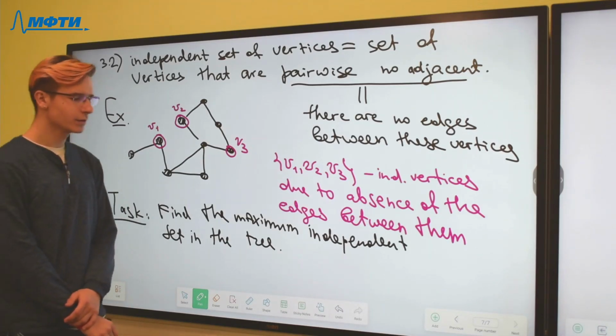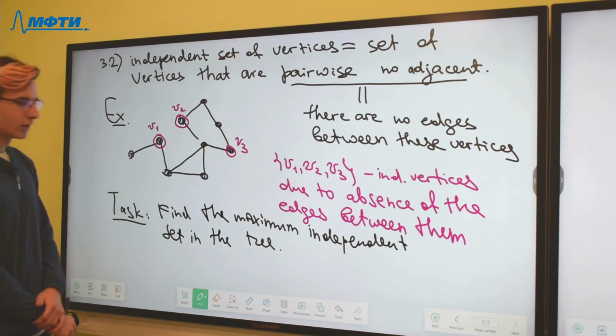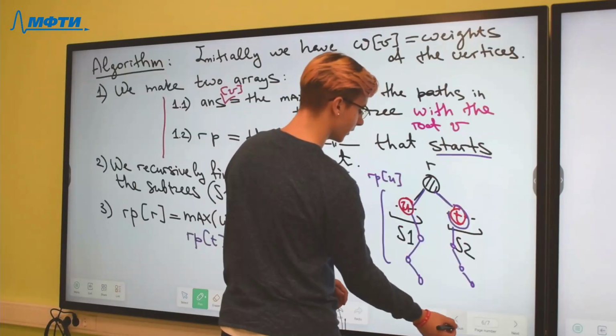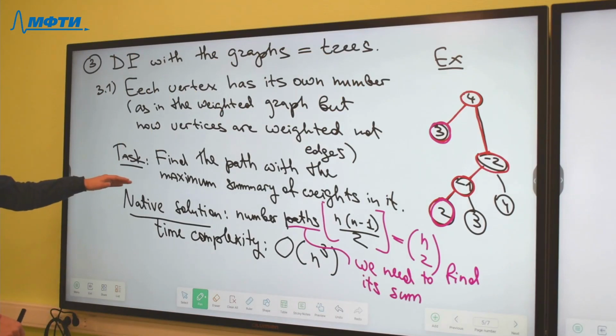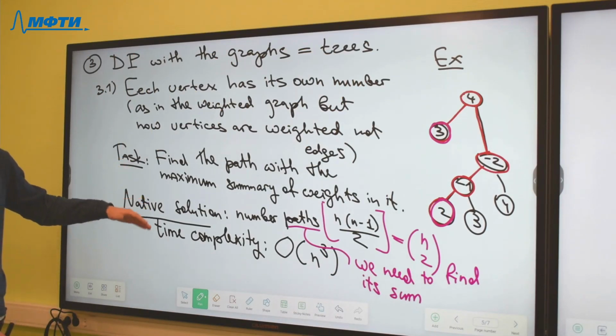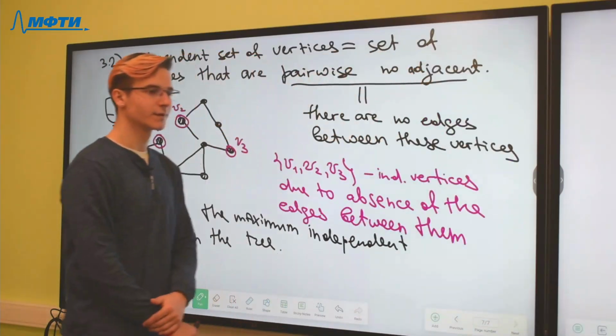And do you know how to use dynamic programming to find an independent set in the tree? As in the previous task, you can remember how we found the paths here and try to repeat this algorithm for this task.